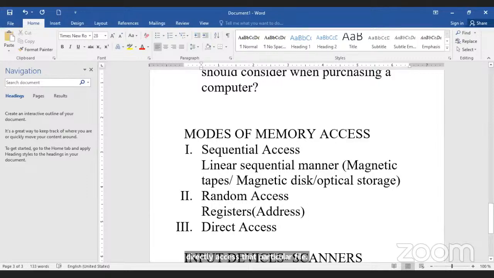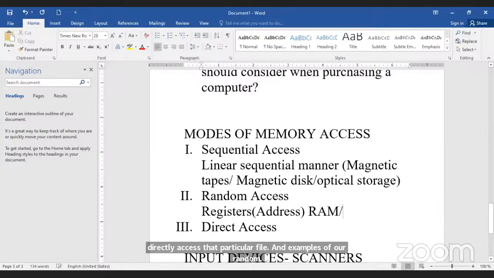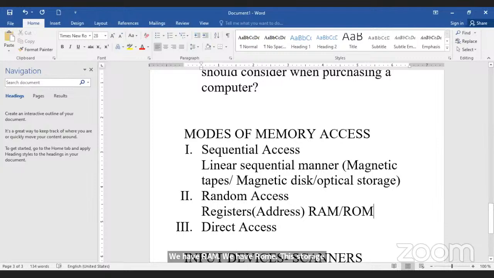Examples of random access are RAM and ROM. These storage devices store data, and this data can be accessed randomly. It means that they are very fast in operations. You don't need to wait.